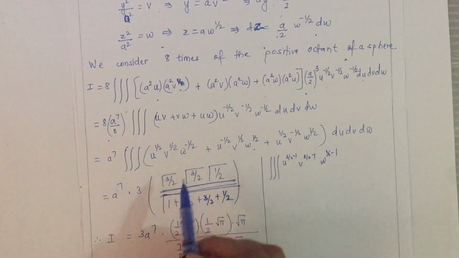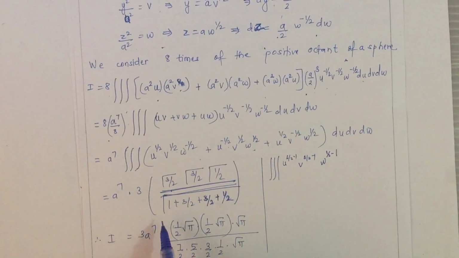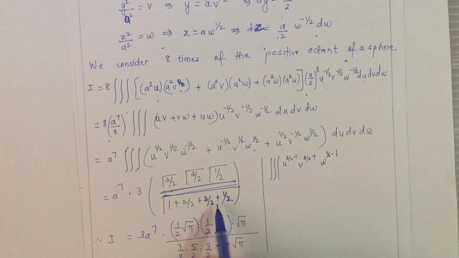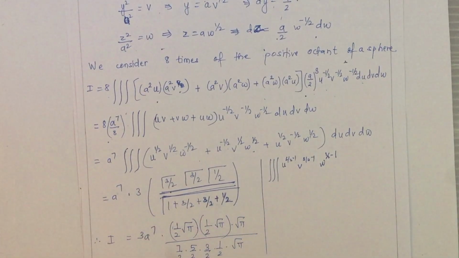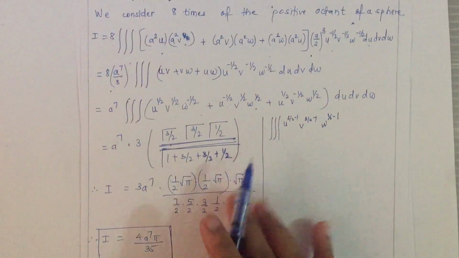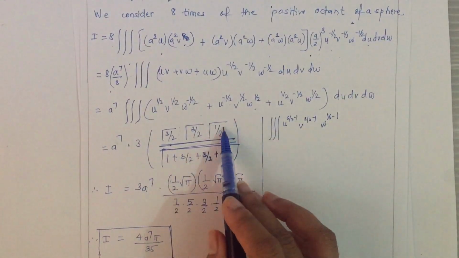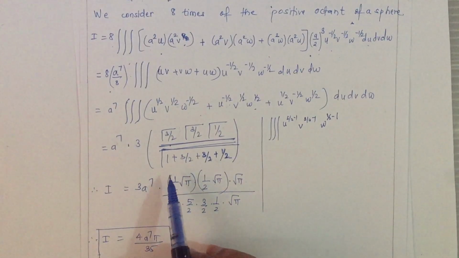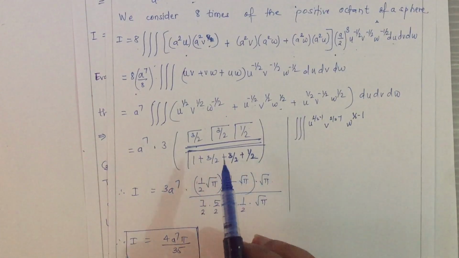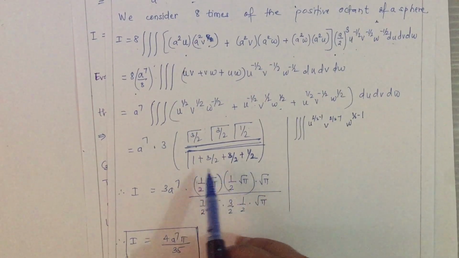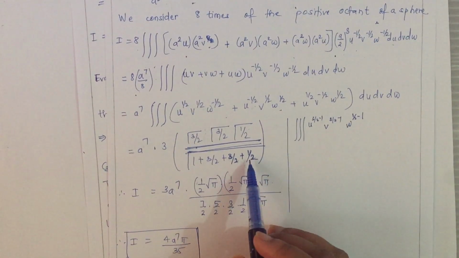So by Dirichlet theorem, this becomes gamma 3 by 2 into gamma 3 by 2 into gamma half upon the denominator gamma 1 plus 3 by 2 plus 3 by 2 plus half. What is gamma 3 by 2? It is 1 by 2 into gamma 1 by 2, but gamma 1 by 2 is root pi, so you get half into root pi, half into root pi as the value of gamma 3 by 2, and gamma 1 by 2 is root pi. In the denominator, 3 by 2 plus 3 by 2 gives 6 by 2, that is 3, plus half, that is nothing but 9 by 2.